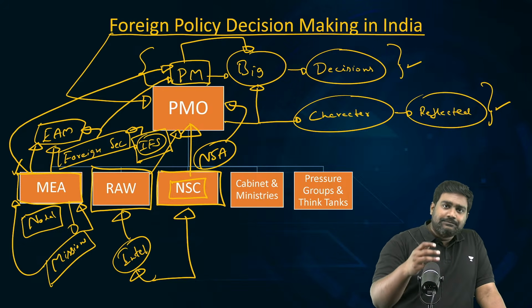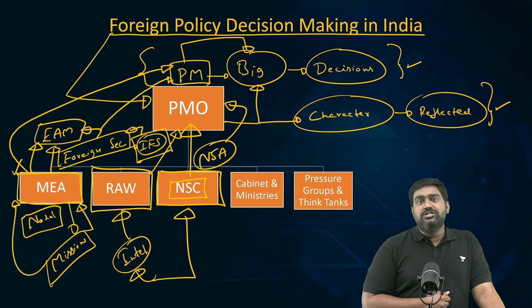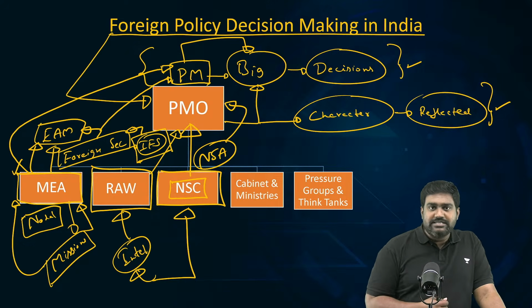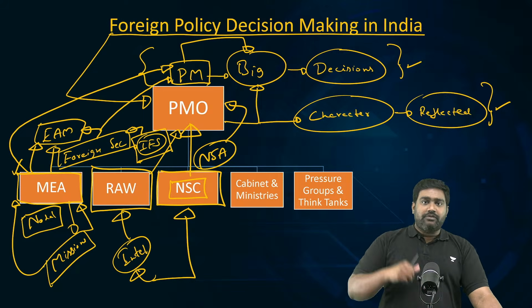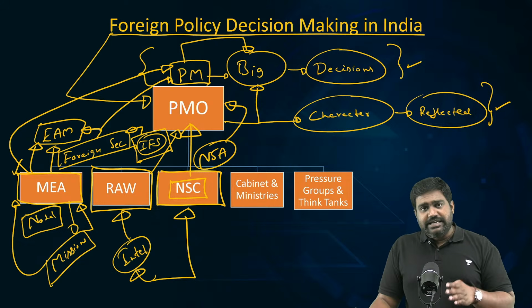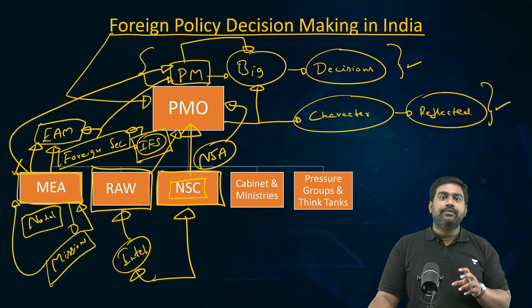Then we had M.K. Narayanan from the IPS, former Director of the Intelligence Bureau. Then we had Shivshankar Menon from the IFS, who was also the Foreign Secretary under Manmohan Singh. Now, under Prime Minister Modi, we have Ajit Doval from the IPS, who has been the Director of IB. So the role of NSA has usually gone to IFS and IPS officers with experience in foreign policy, intelligence, and security.